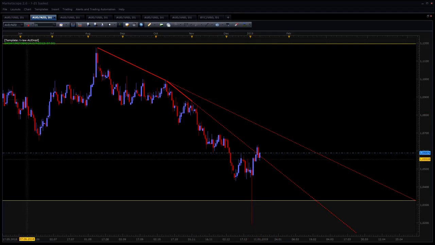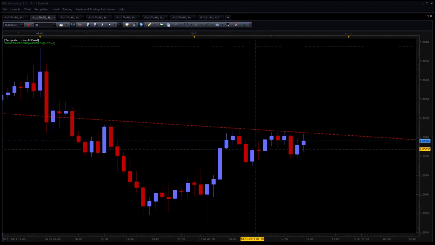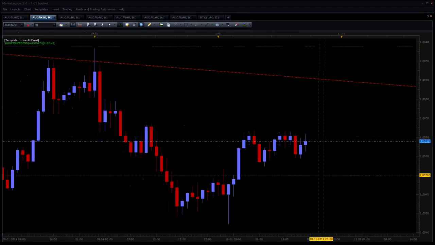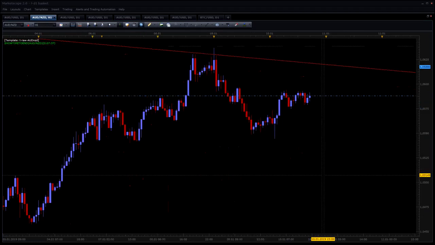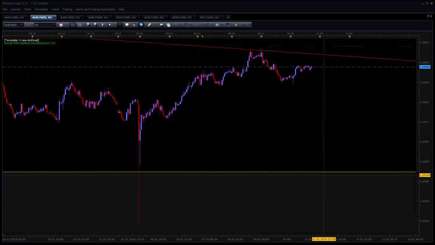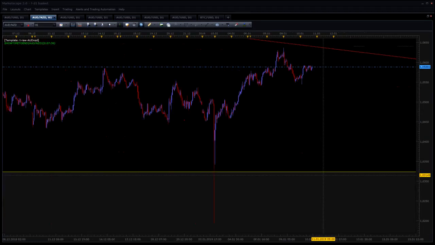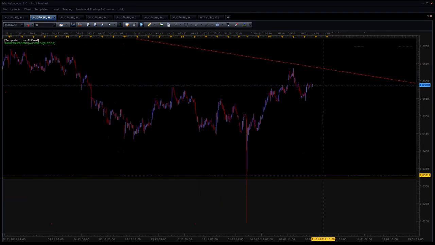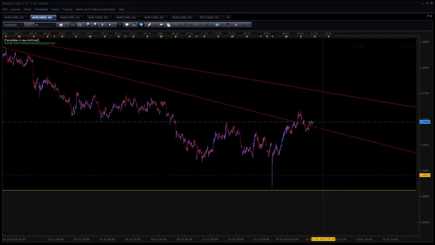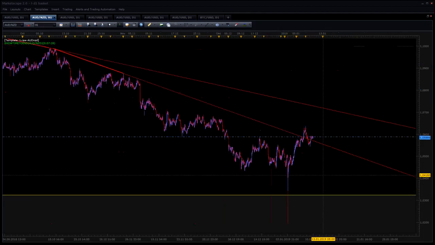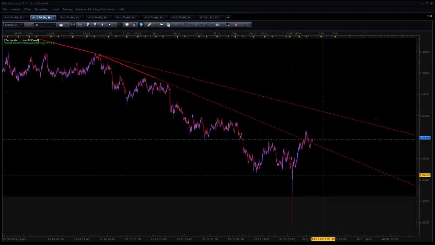So that is daily. Let's go on 1 hour. I have to zoom out to see the correct picture, because we remember that the market was above. There we go.